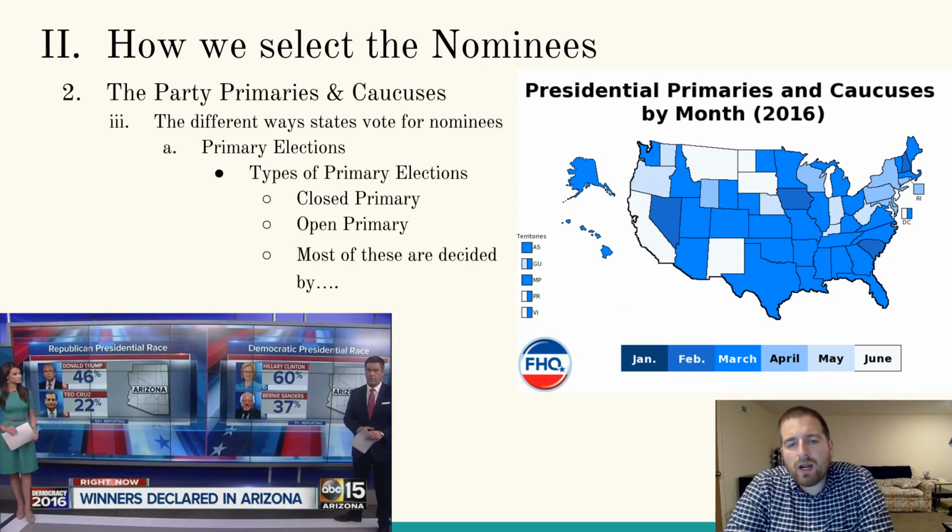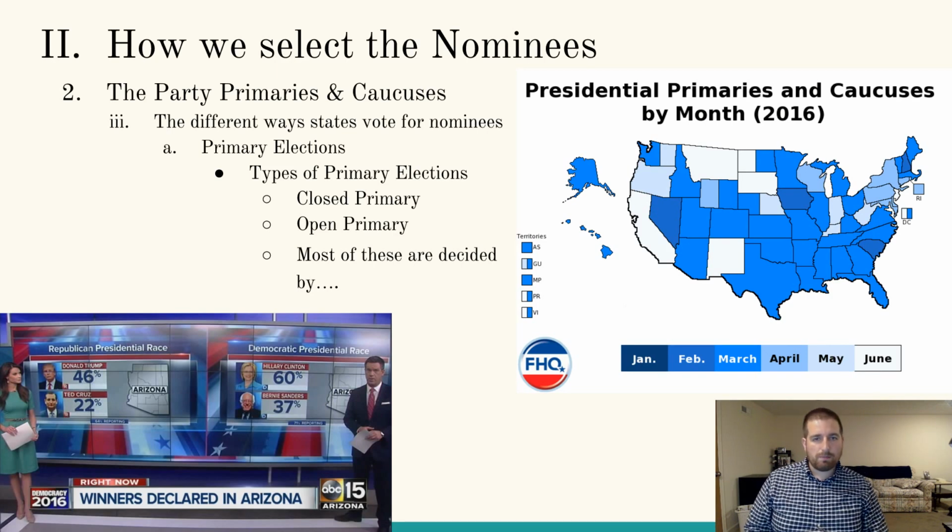When it comes to these primaries, most of them are decided by what's called a plurality. This will also hold true when we talk about caucuses here in a second. A plurality means having the most votes. It does not necessarily mean getting the majority. So, for example, let's say in my primary, I'm running to be the Democratic nominee, and I'm running against two other people. So there's three of us in total.